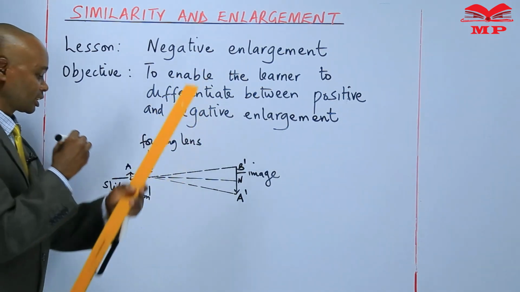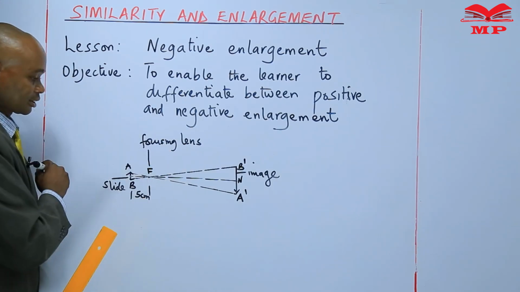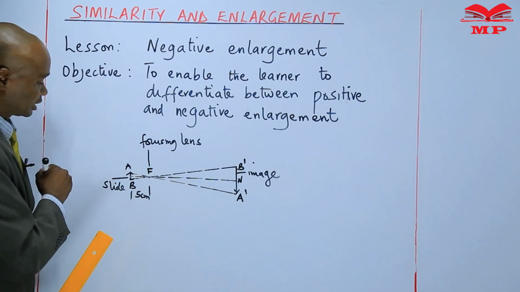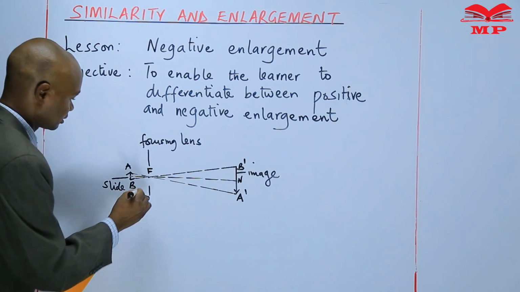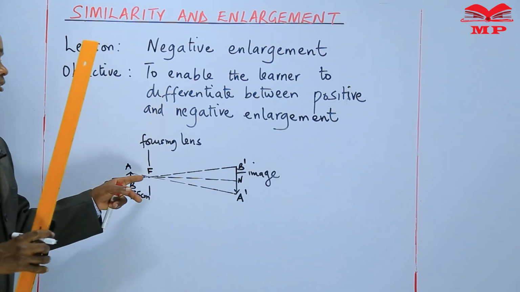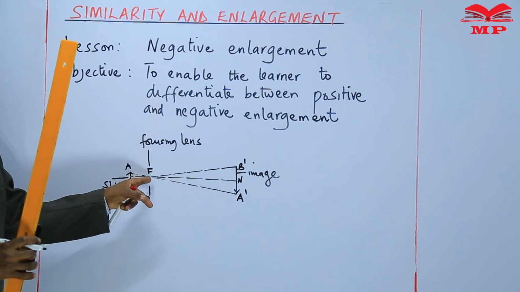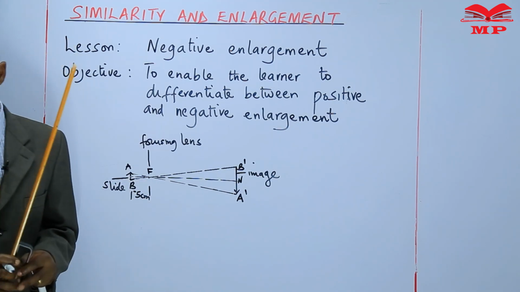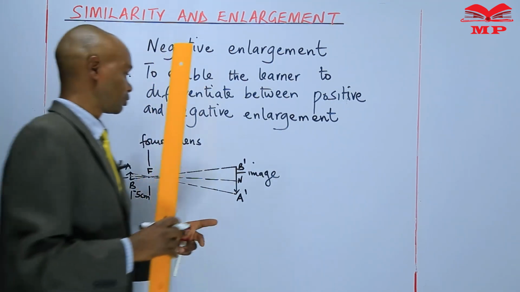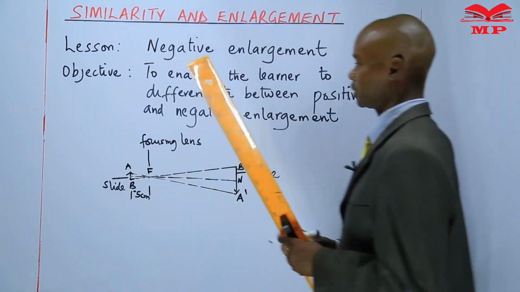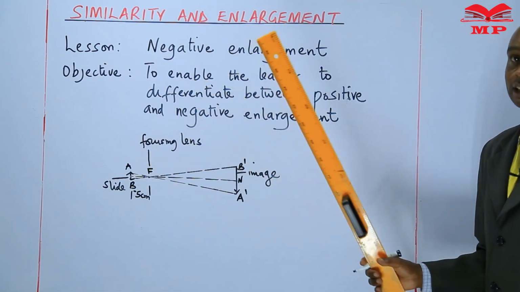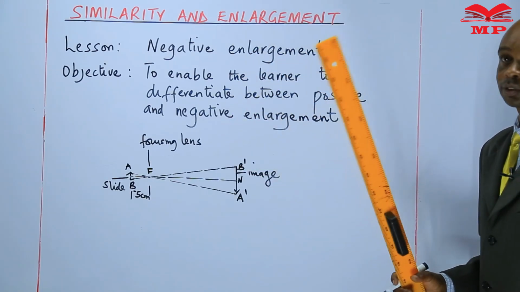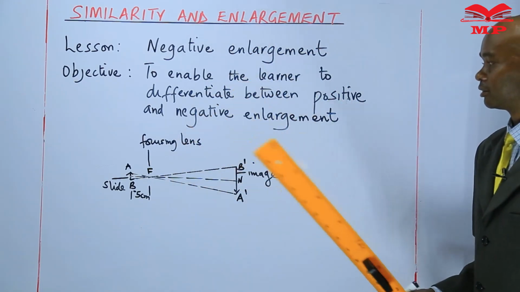So if this distance is on the left, it will be negative 5 centimeters, because the distance from the object to the focusing length is what we take to be the negative distance.